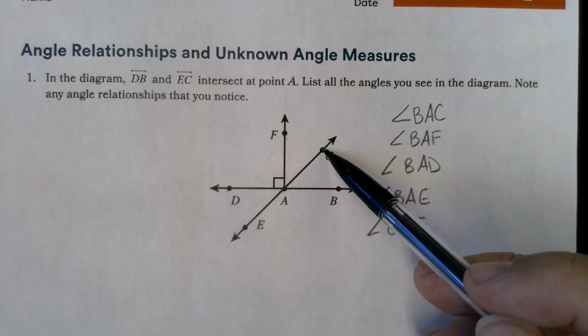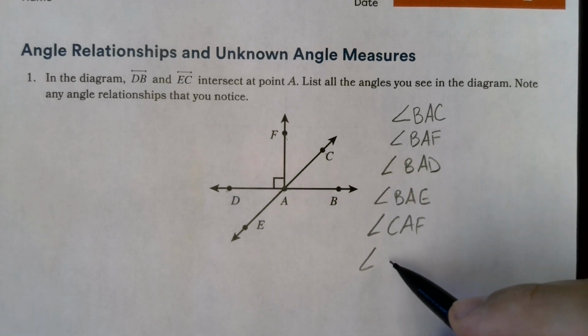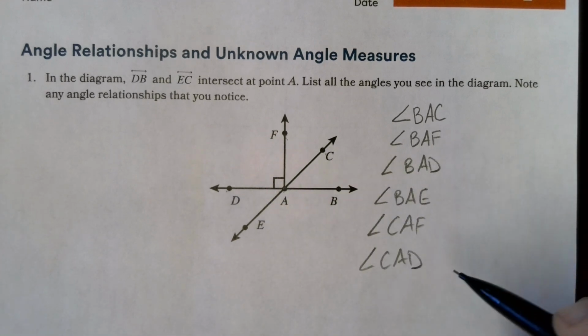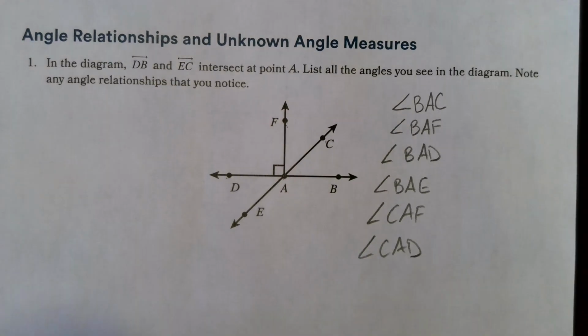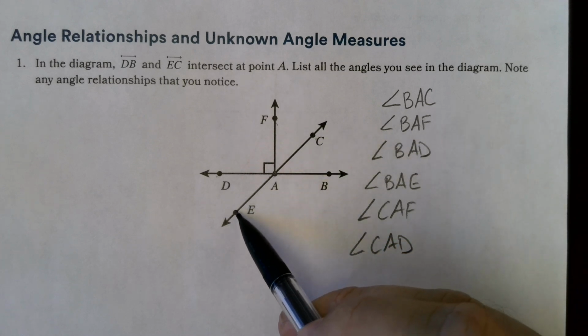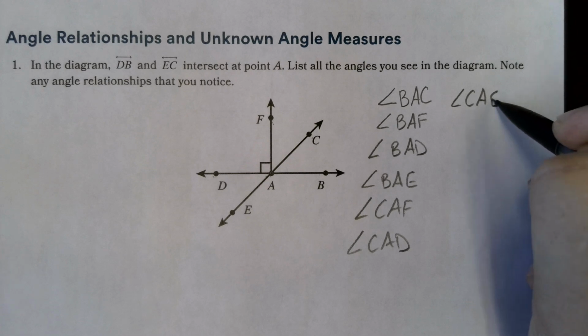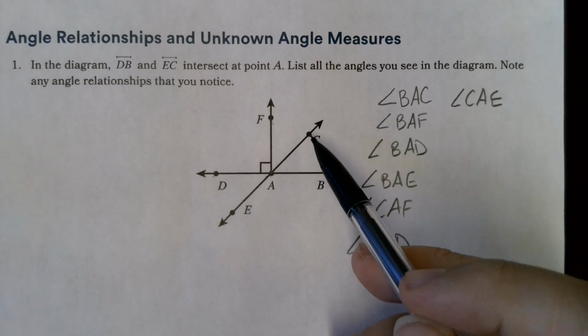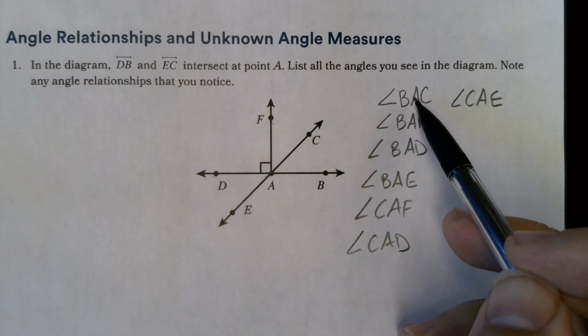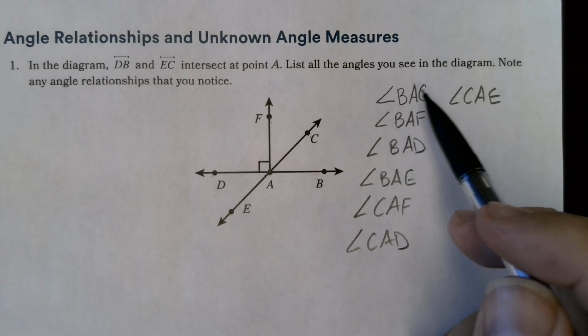We also have CAD, and starting at C again, we have C to A to E. And then we could say CAB here as well. That's the same thing. So again, you could list it, or they are the same angle.